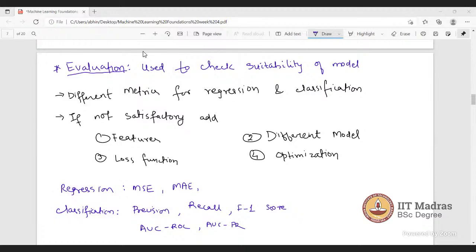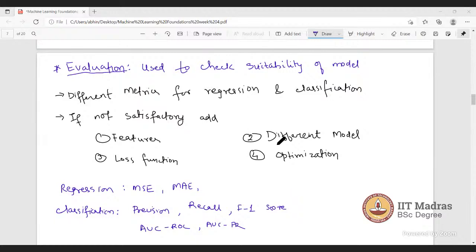If, when we are finding these metrics, they are not satisfactory, then we do different things. We may add inputs or different features, or we can ensure that our data quality is better to get a better model, or we can try a different model altogether. For example, if we are using a linear model and it is not giving us a good result, then we can go for a non-linear model, or polynomial regression if linear regression is not working.